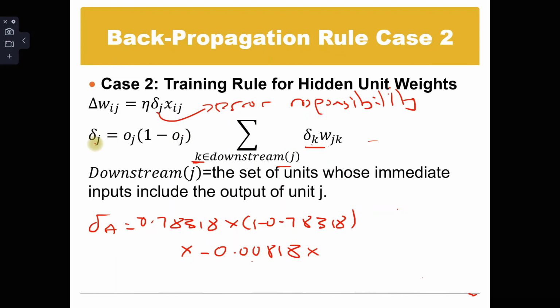Remember, you're looking for delta A. So delta A means J is represented by A, and K is represented by Z. So you have WAZ. What is WAZ?